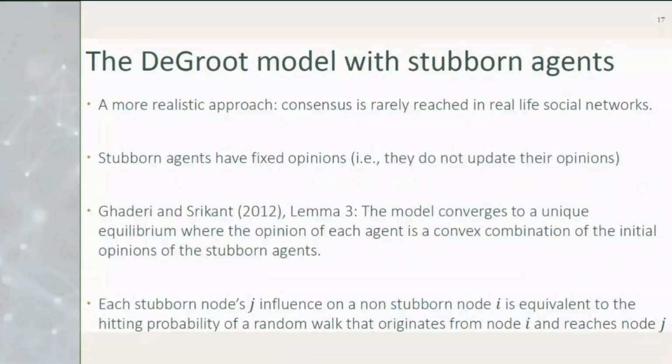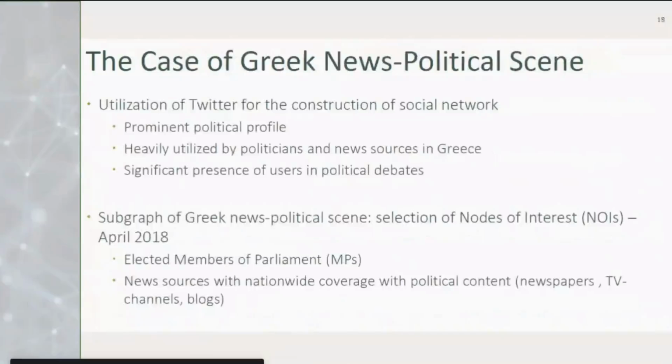They formulated this influence as the hitting probability of a random walk that originated from a stubborn agent I to a non-stubborn agent J. We used this finding in their work to examine real-life scenarios.